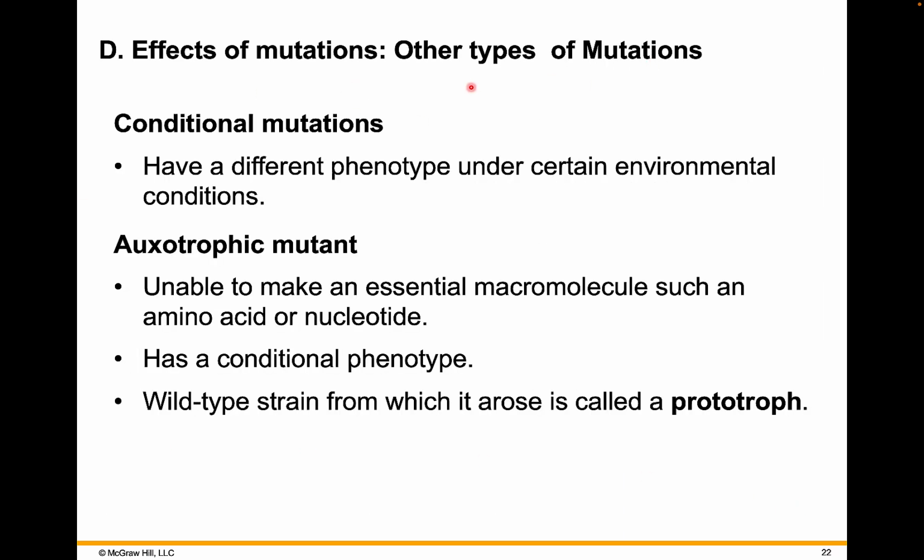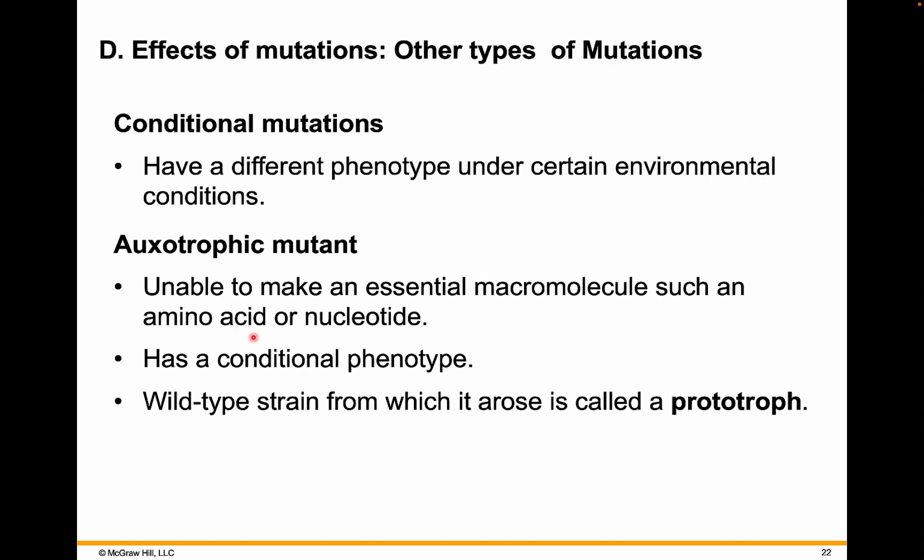After that, we are looking at some other type of mutation, which are called conditional mutations, with a different phenotype in an environmental condition. Some of these are called auxotrophic mutants. These auxotrophic mutants are basically lethal. They are unable to make an essential macromolecule such as an amino acid or nucleotide. So these are the conditional phenotypes.